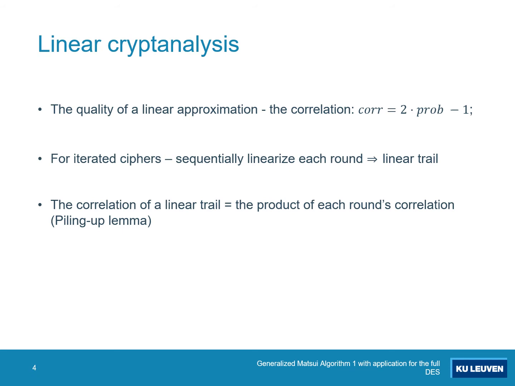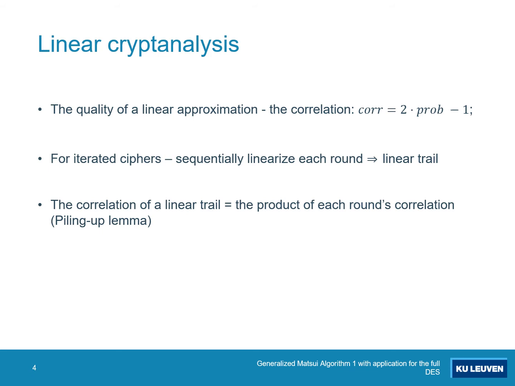This quantity is directly related to the success probability and the data complexity of an attack based on linear cryptanalysis. In this presentation, we use the correlation to estimate the quality of a linear approximation, where the correlation is computed by multiplying the probability by 2 and subtracting 1.